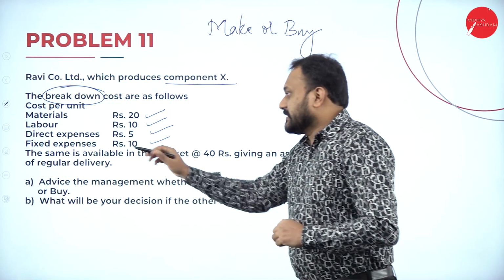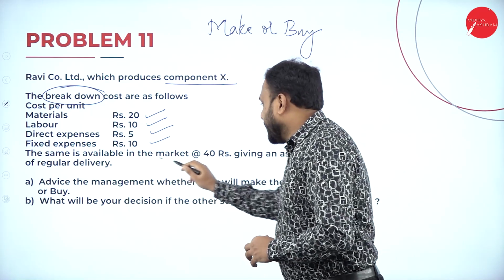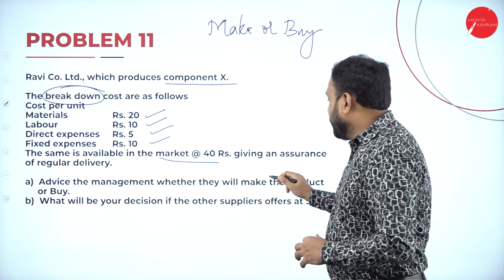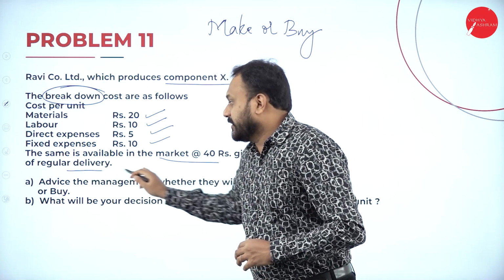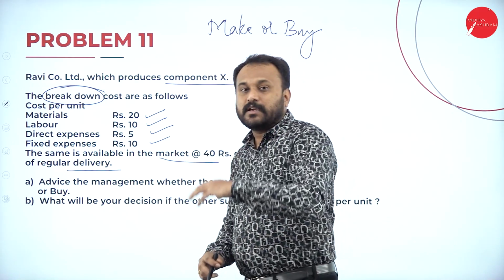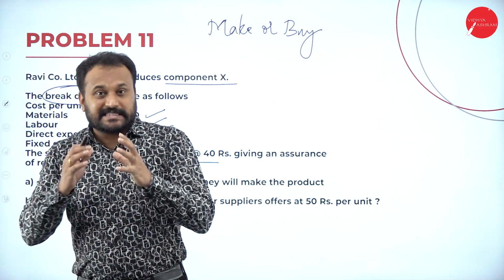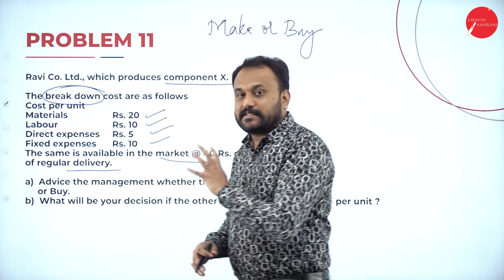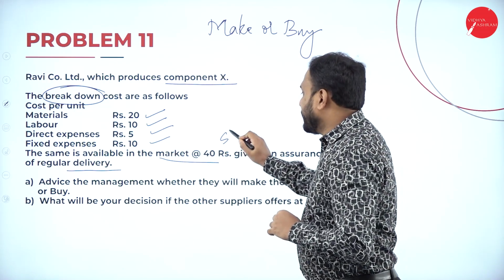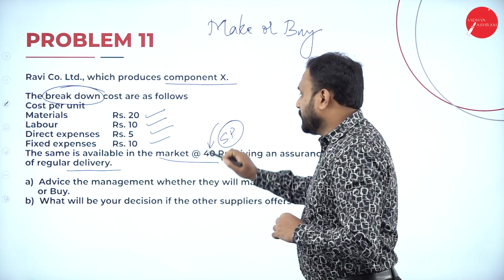Next is the same is available in the market at 40 rupees, giving an assurance of regular delivery. Now there is another person who is actually selling the component X at 40 rupees. So this is the selling price of the person.